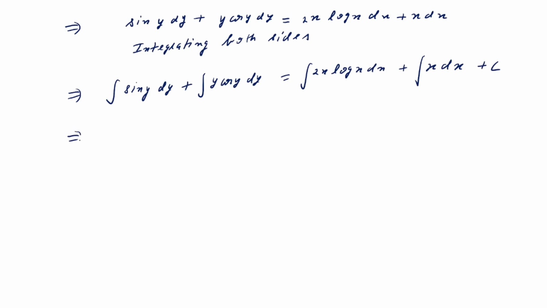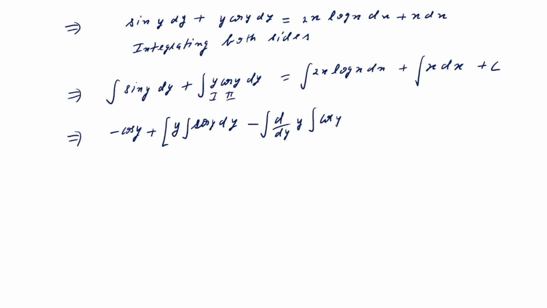This implies that we all know the integration of sine y is minus cos y. Now here we have to apply the first and second function rule, integration by parts. So you have a formula: first function into integration of second function, cos y dy, put a bracket here, minus integration of the differential of first function into integration of second function, that means cos y, and after then again the integration of this part dy.